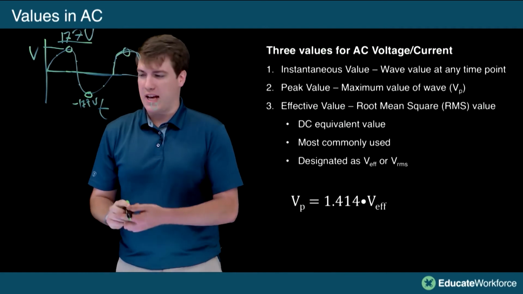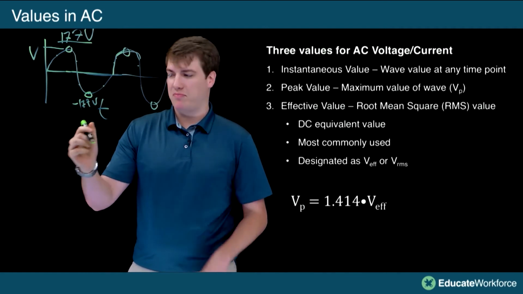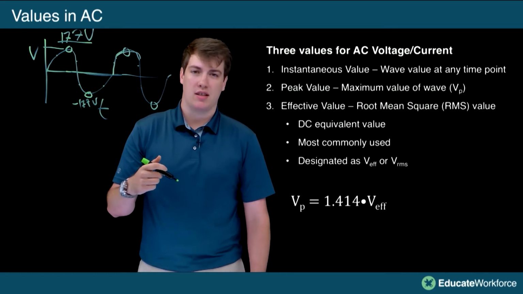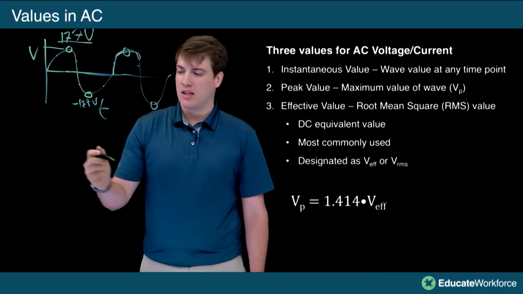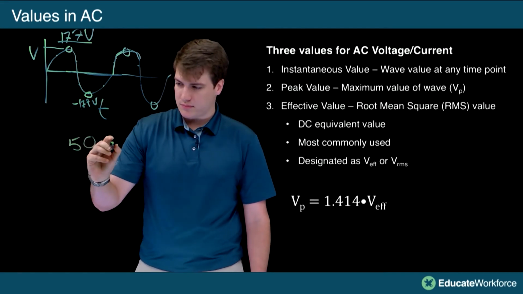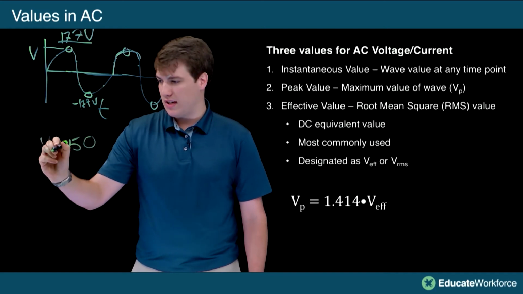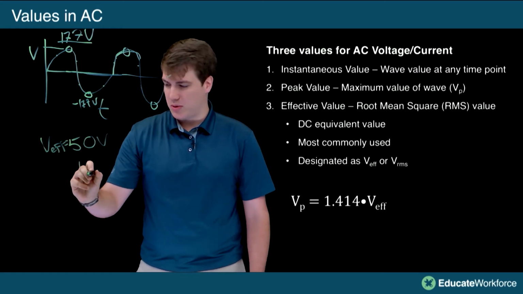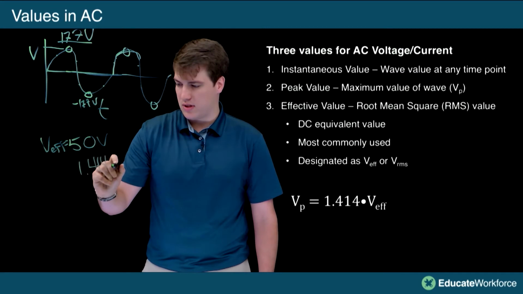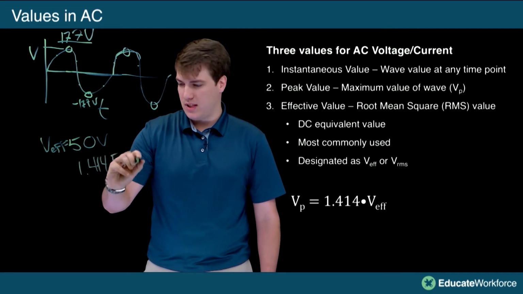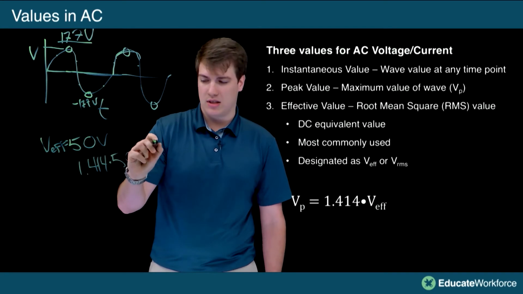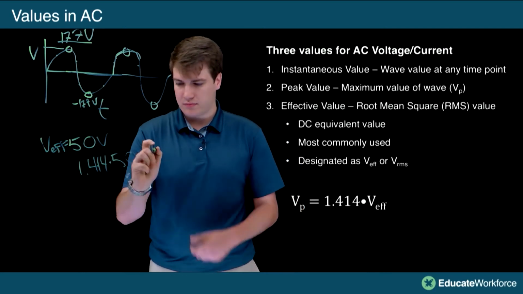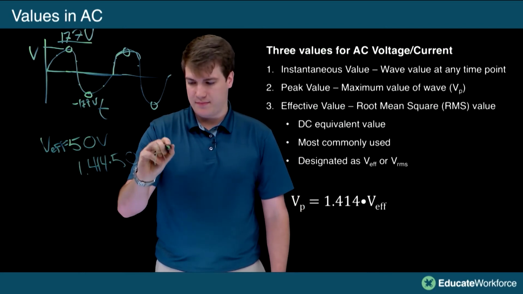If this capacitor needs to be at 50 volts effective value, or DC, it will not be good to plug it into a 50 volt effective value AC, because this 50 volts, which is VF for our capacitor, when we multiply it by this 1.414, we see that times 50, this max value is suddenly roughly 70.